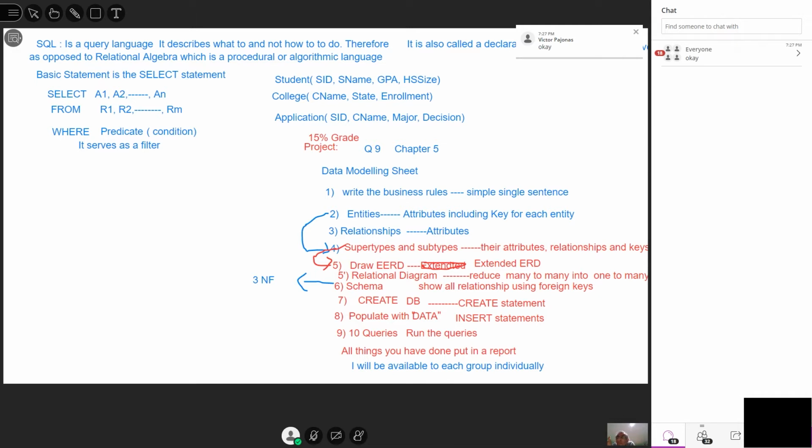Now, it's very important that you write the business rules. Spend the time on the business rules. Because if your business rules are not right, then nothing else is going to be right. Because business rules are going to dictate a couple of things. What data is going to be in the database, business rules are going to dictate. Number two, business rules are also going to dictate what kind of questions you can ask from your data.